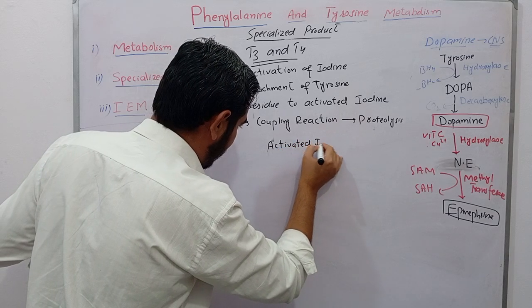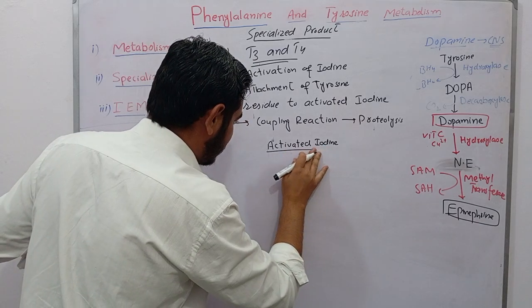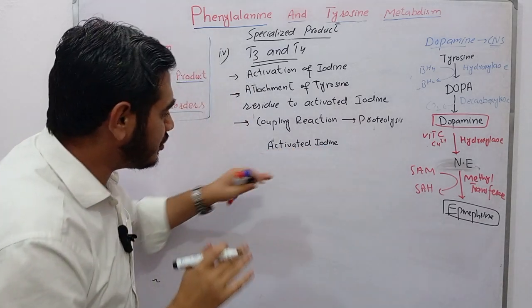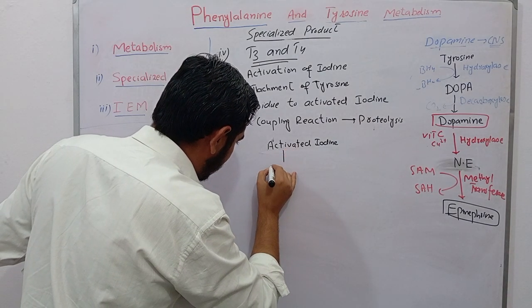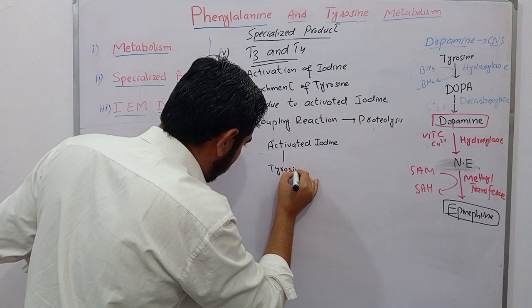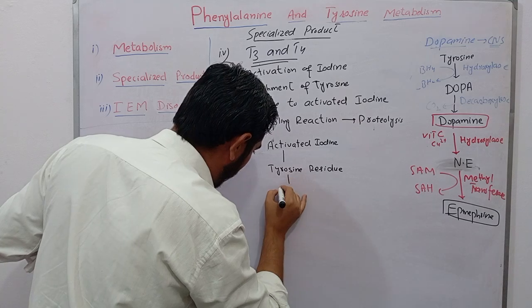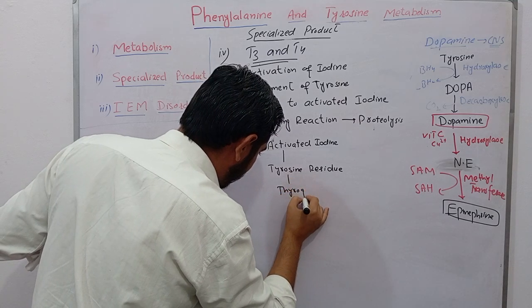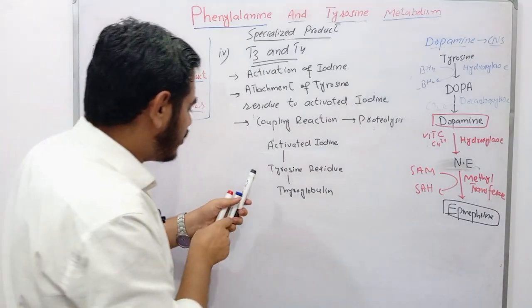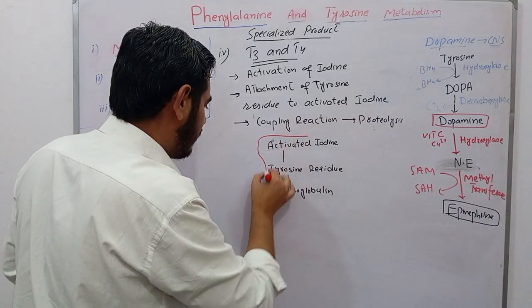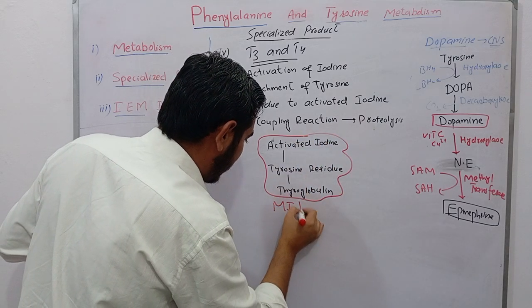To this activated iodine, there is attachment of tyrosine residue of thyroglobulin, and this complex leads to the formation of monoiodotyrosine.